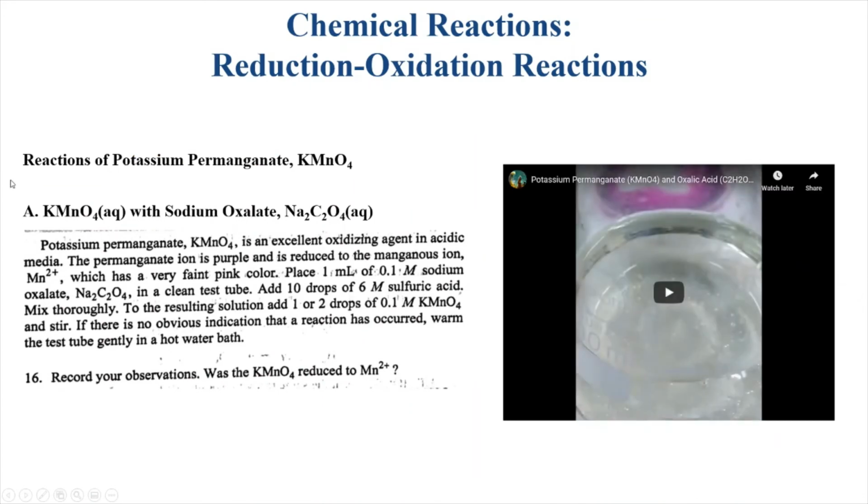Okay, so the next couple of chemical reactions that we're going to observe relate to this compound, potassium permanganate. Potassium permanganate is a very interesting compound. It tends to be an oxidizing agent in a variety of conditions, in both acid and base.